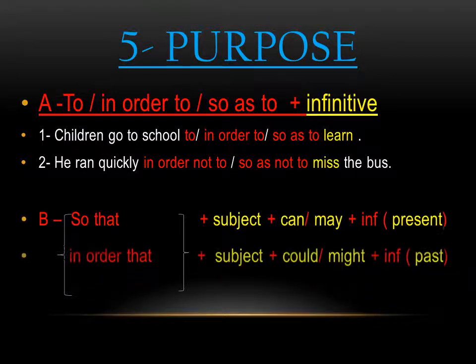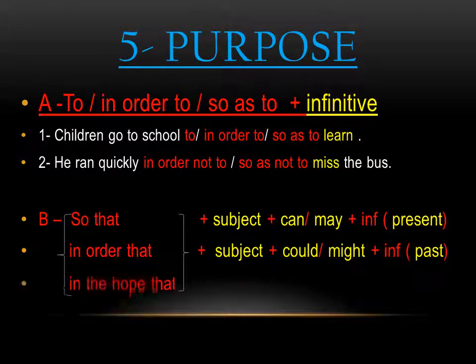Also, we can use so that, in order that, in the hope that. Again, to express purpose, we can use so that, in order that, in the hope that. But if you want to use them, there is a great difference between them and to.